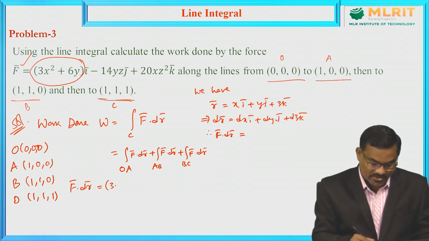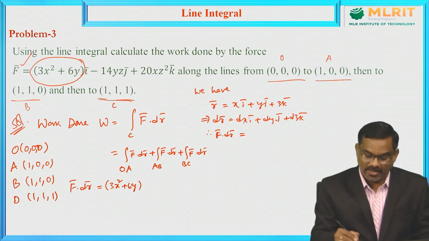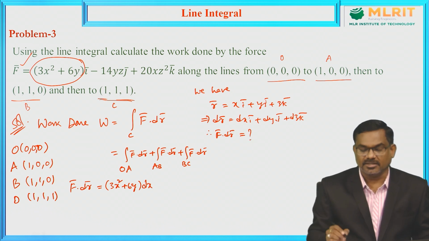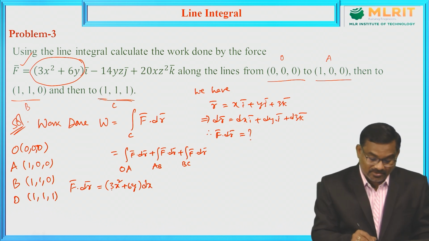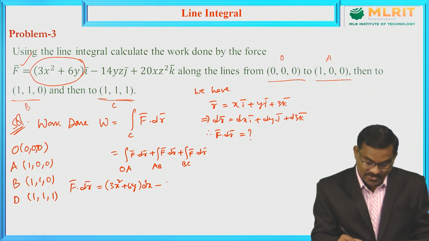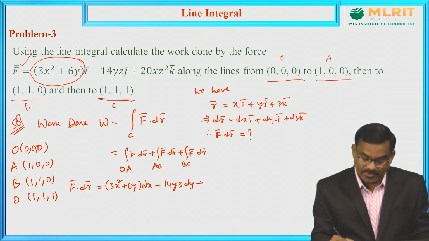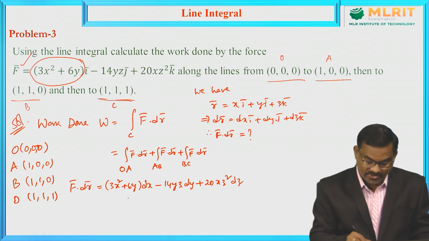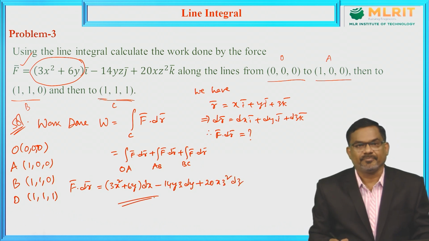The first component in F bar, 3x square plus 6y, multiplied by the first component in dr bar, dx, minus 14yz dy plus 20xz square dz. So this is F bar dot dr bar.